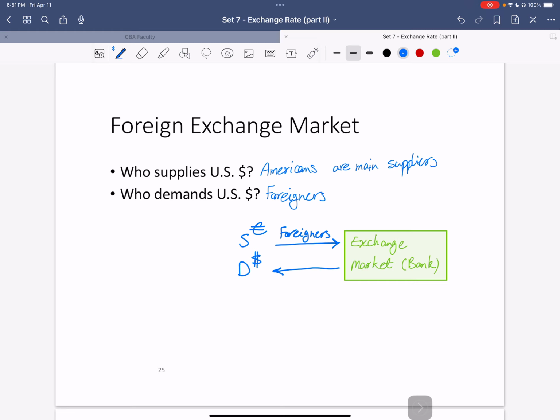So they go to the market, they supply euros, and they exchange them with US dollars. On the other hand, we have American people who are supplying dollars, and we have some people who demand euros in this market. So you see, we have both supply side and demand side in the market.